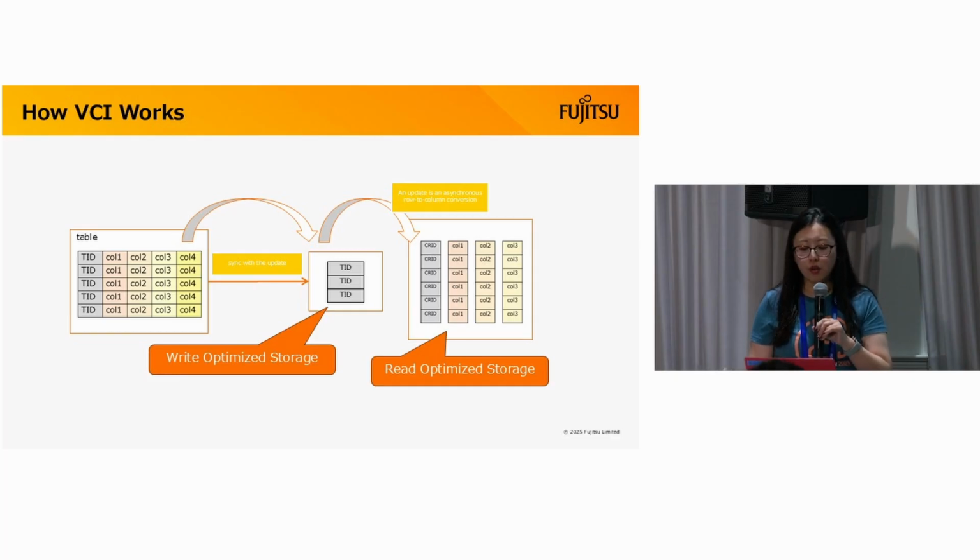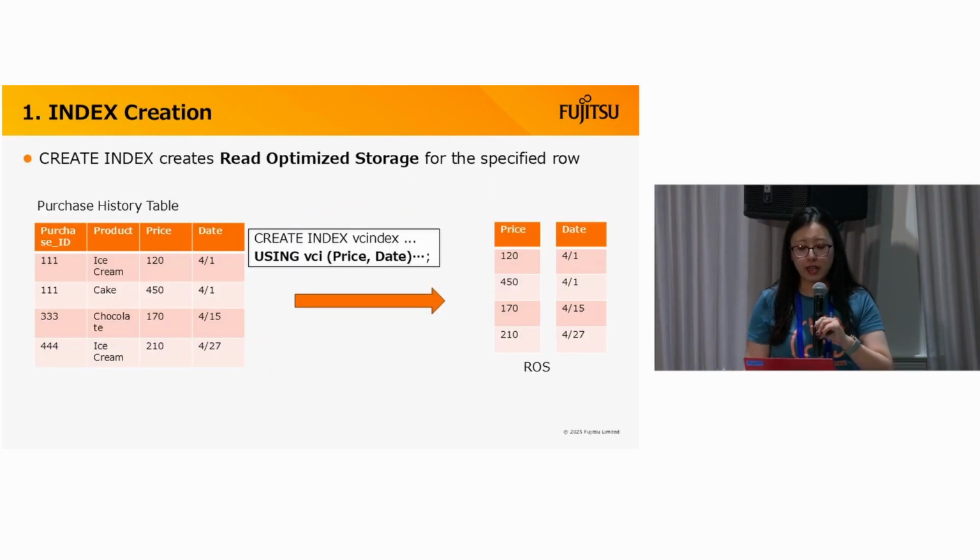Data is already stored in ROS. Therefore, when a select statement is executed, the VCI looks for ROS data. This allows you to quickly search for only the columns you want, such as price columns or date of purchase.